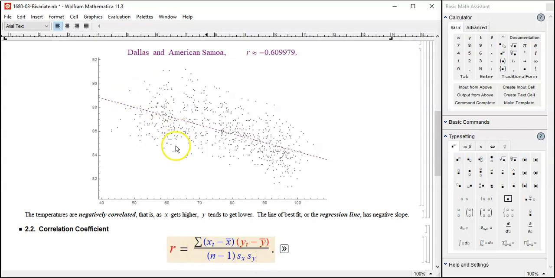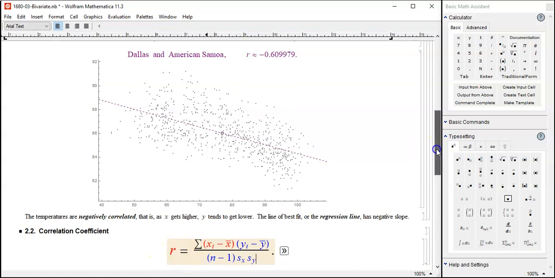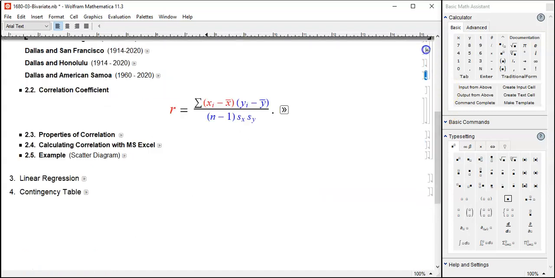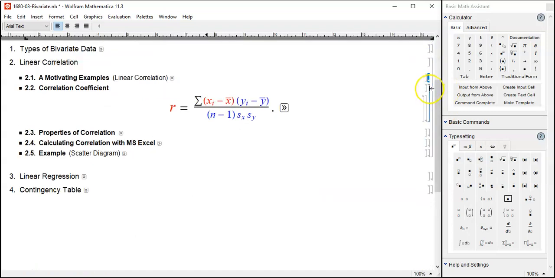Vice versa, if I select something from the left, xi minus x bar is negative, but there are many more points up here than down there. So this is positive. So negative times positive is negative generally. So generally negative things are added. So our value is becoming negative. So that's how going up or down and positive and negative correlation are related to each other.